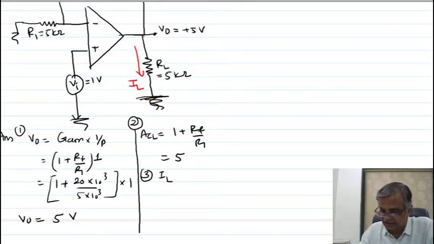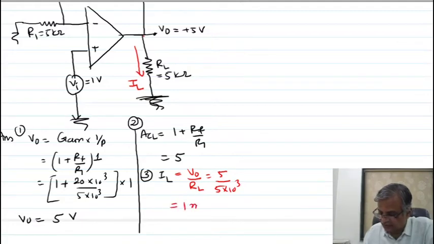So you can write IL is nothing but VO by RL, 5 upon 5 into 10 raised to 3, so I can write 1 milliampere. Why am I showing the current in this direction? Because here is plus 5 volt, this is ground, so current is coming from higher potential to lower potential. So current will flow like this.